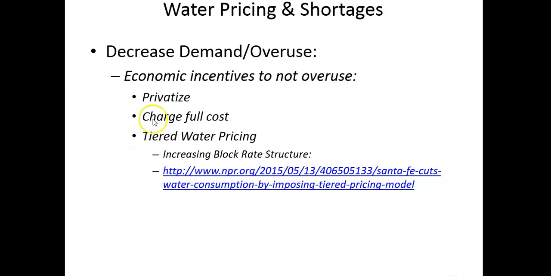So often you can accomplish this decrease in demand without causing people not to have enough to survive by having what's called tiered water pricing. So basically, you charge different amounts for different amounts of usage.